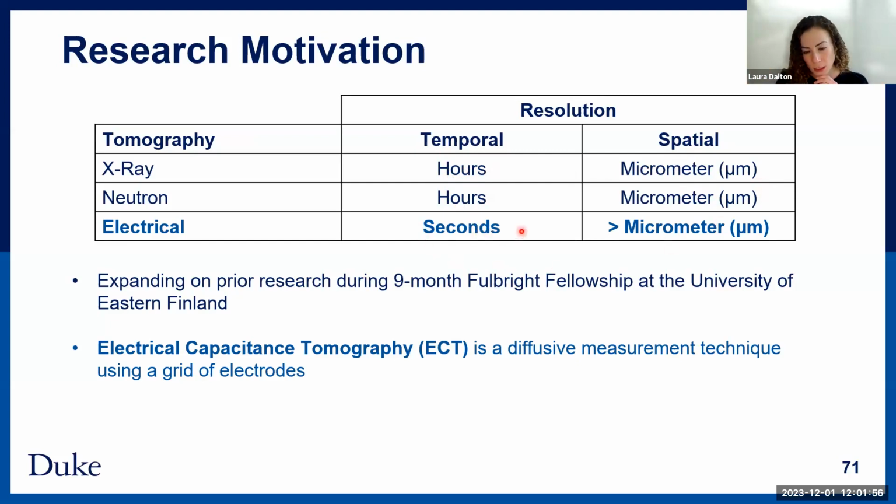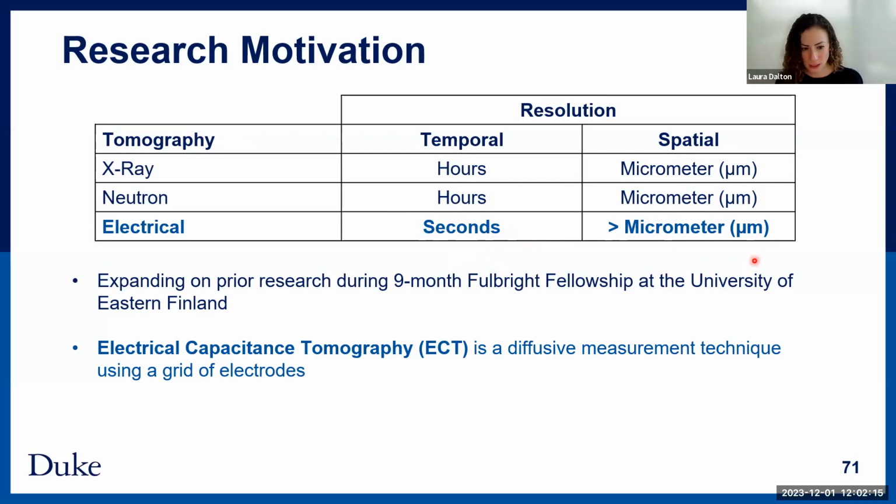Whereas with electrical tomography, the trade-off is you can get down to seconds, really even milliseconds eventually, but your spatial resolution is much lower. So you can't see as much detail, but you can see change very quickly. So it's a different technique.